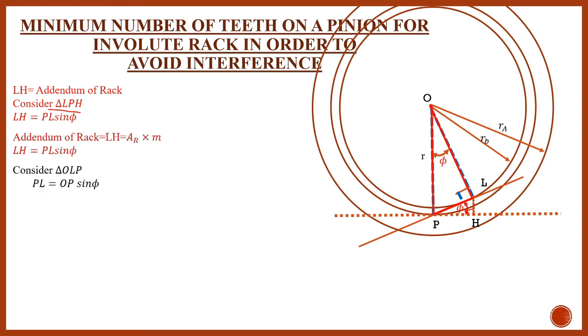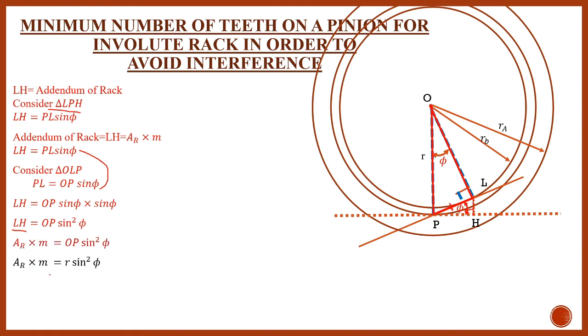Now consider this triangle OPL, where PL is equal to OP sin phi, and OP is equal to the pitch circle radius. Now by putting this PL value in this equation, you will get LH equal to OP into sin square phi, and LH is equal to AR into M, which is the addendum of your rack.